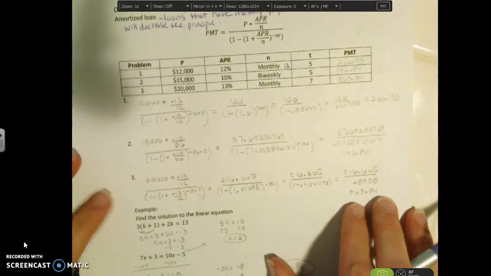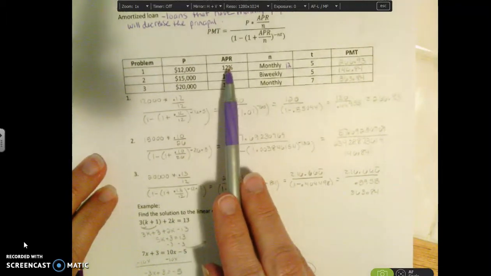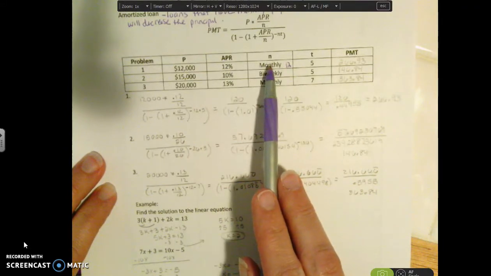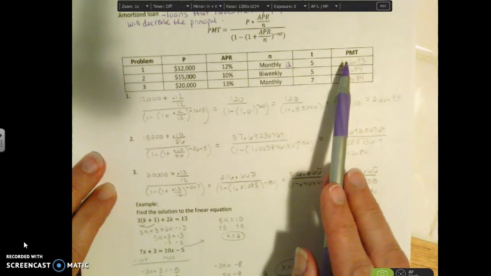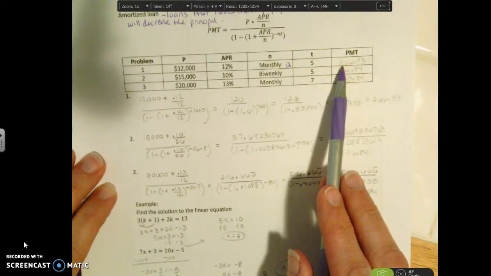So what that means is that I borrowed $12,000. I agreed to a 12% interest rate. I agreed to make monthly payments. And I agreed to pay for 5 years. So that means I'll have to pay back $266.93 a month.